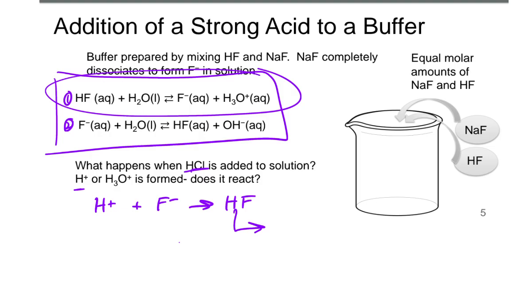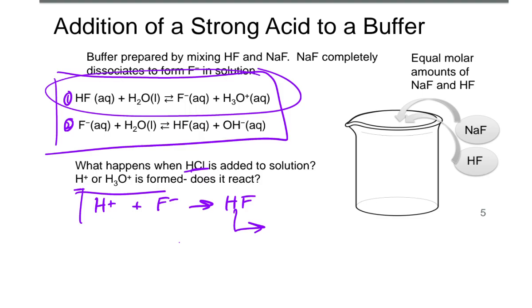So when we say that a buffer doesn't allow for dramatic changes in pH, it's because both of these equilibria are happening simultaneously. We reacted away some F minus when we added H plus and formed HF. But that HF dissociates a little bit to reform some of that F minus. So that's the magic, quote unquote, of a buffer.